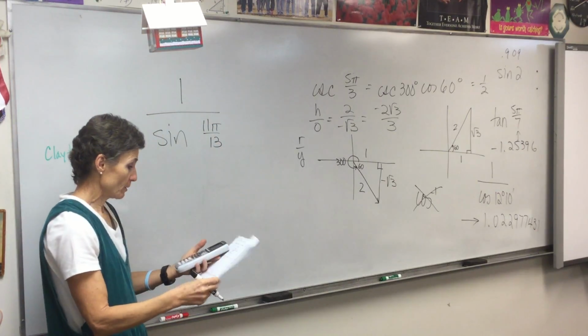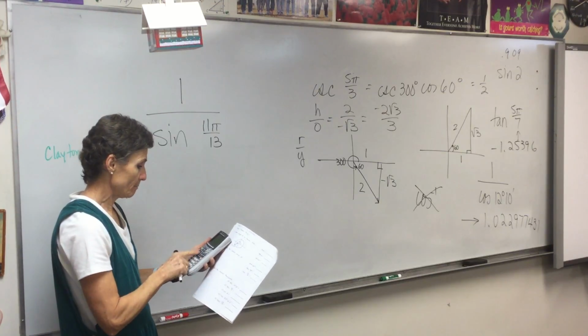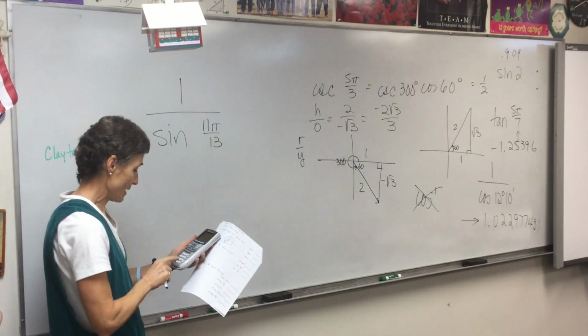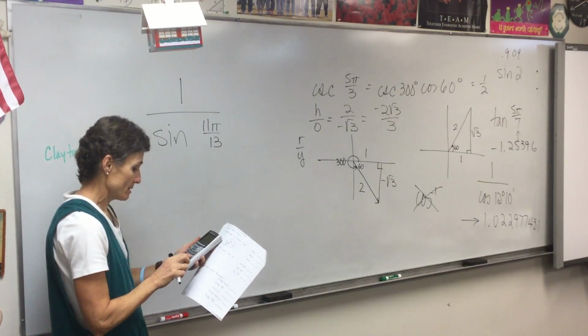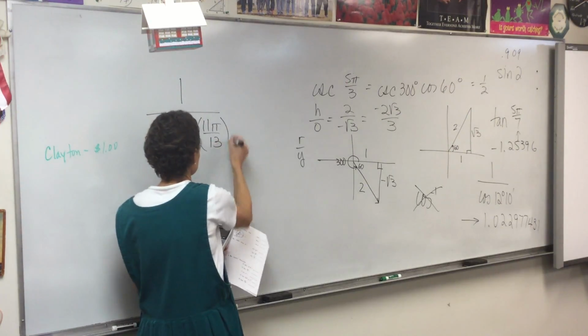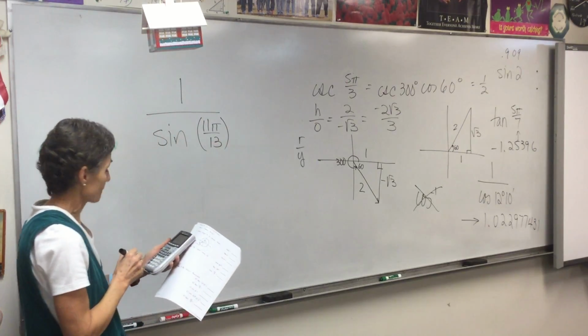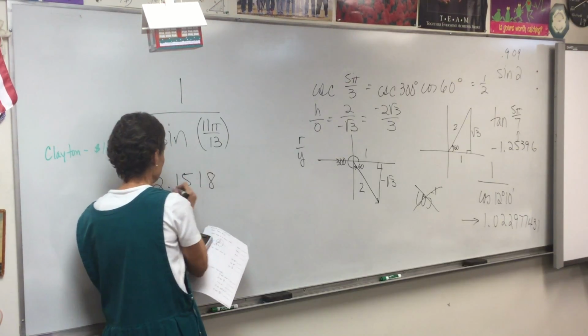Okay, so I'm going to literally press on my calculator, 1 divided by sine, and then 11 pi button divided by 13. And this is in parentheses, of course. And you should get 2.1518.